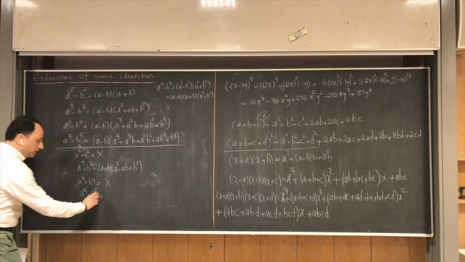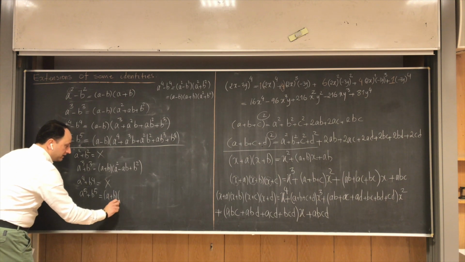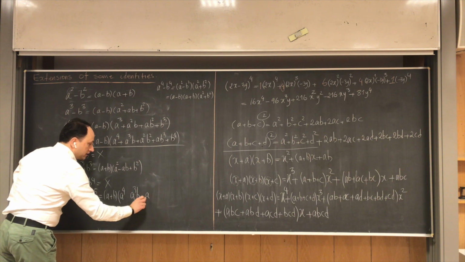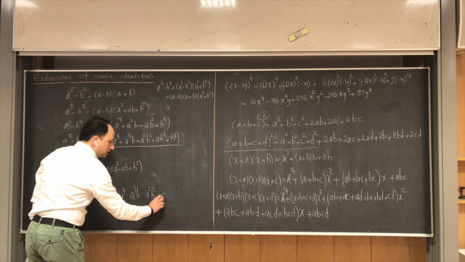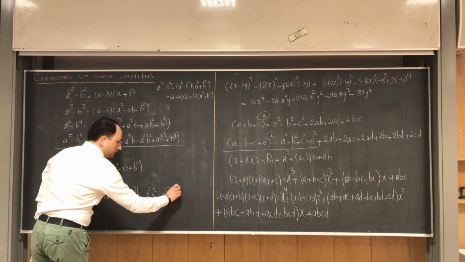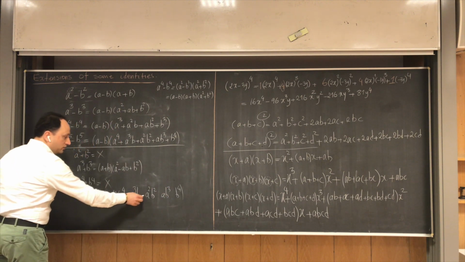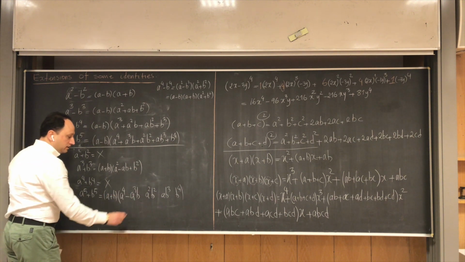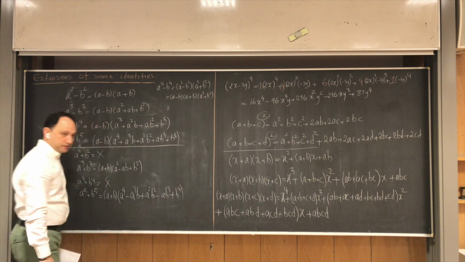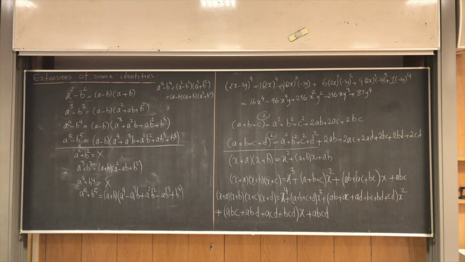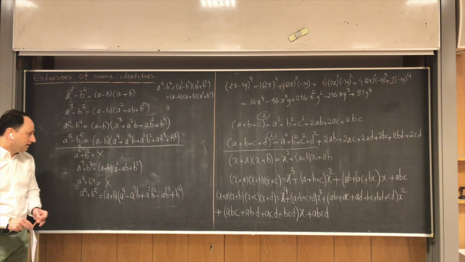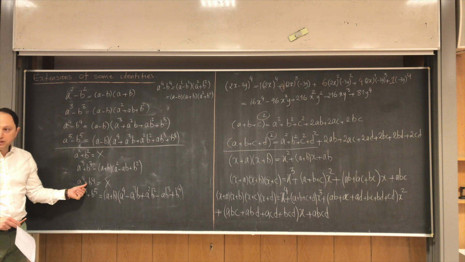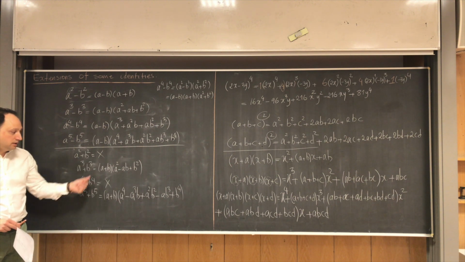Yes, what does it mean? It means that you can write a plus b, and then you can write a^4, a^3 b, and then you can write a^2 b^2, and then you can write ab^3, and you can write b^4. But the point is that you need to change the signs alternatingly. So the first one starts with positive, the next one is negative, positive, negative, and positive. So what is the moral that we can take here is that for even powers and positive signs in between, we don't have any pattern, okay?